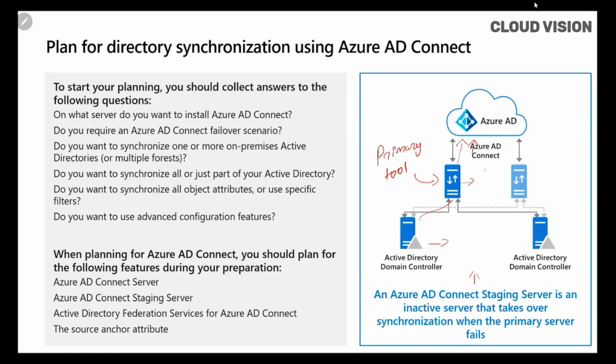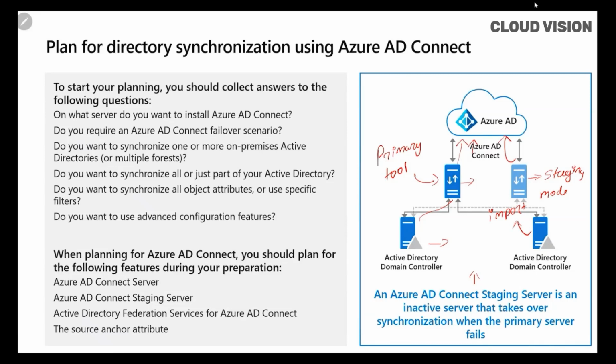So in that case, you can install an alternate Azure AD Connect tool on a different server, and this will be configured in a staging mode. That means it will import all of the changes that are happening in your on-premise Active Directory, but it won't export these changes to your Azure Active Directory.